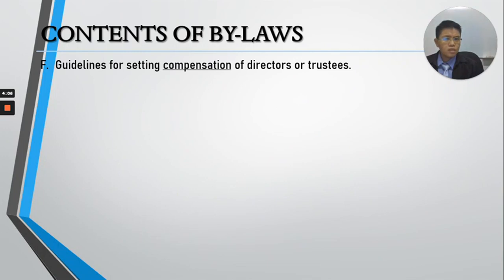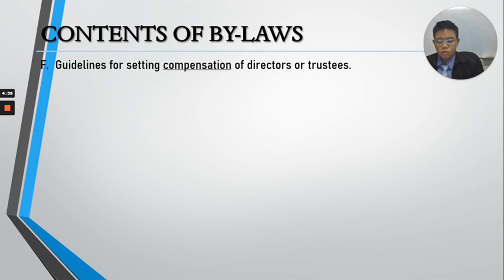We already discussed compensation in Title 3 actually. So, remember class, as a rule, majority OCS and also majority of the members may grant directors or trustees with compensation if the same is not fixed in the bylaws. So remember, majority OCS, majority members, they must approve this at a regular or special meeting.